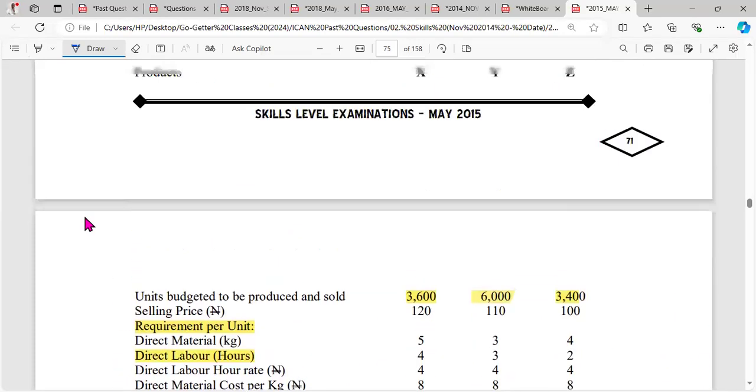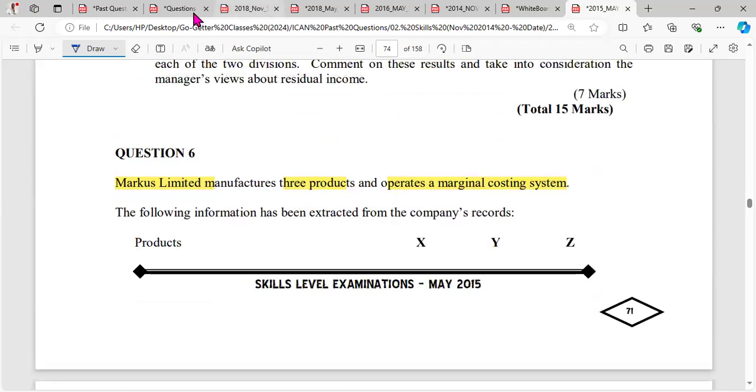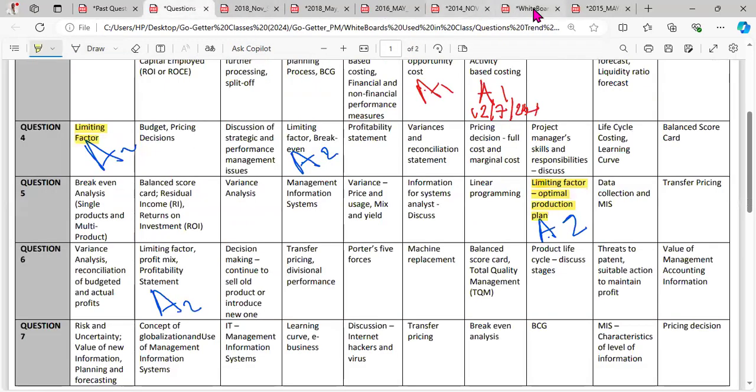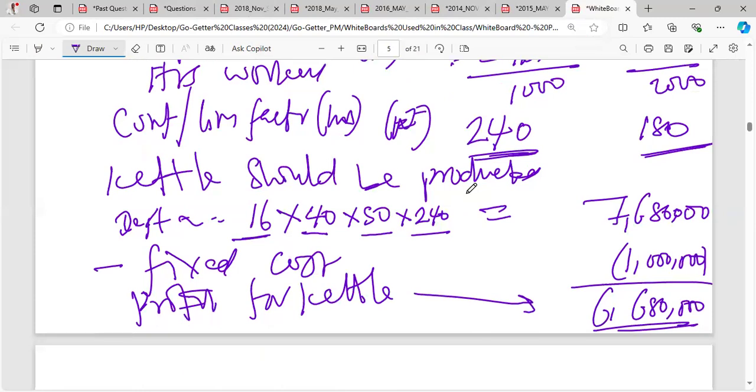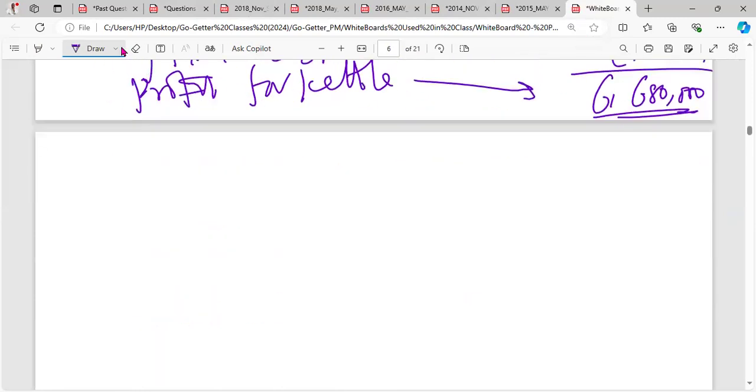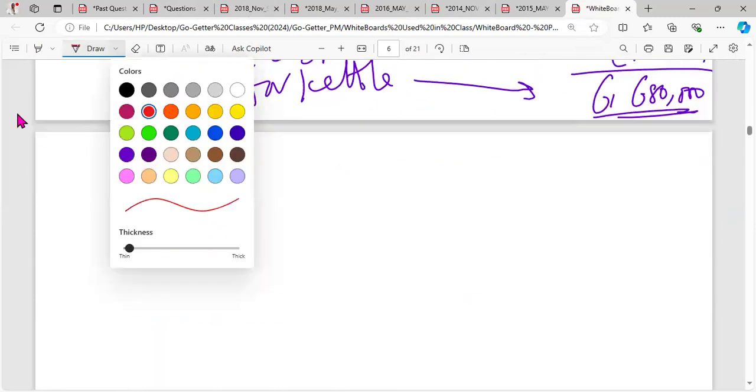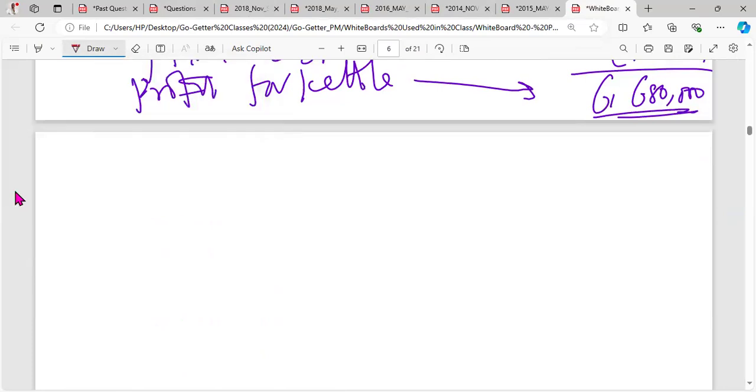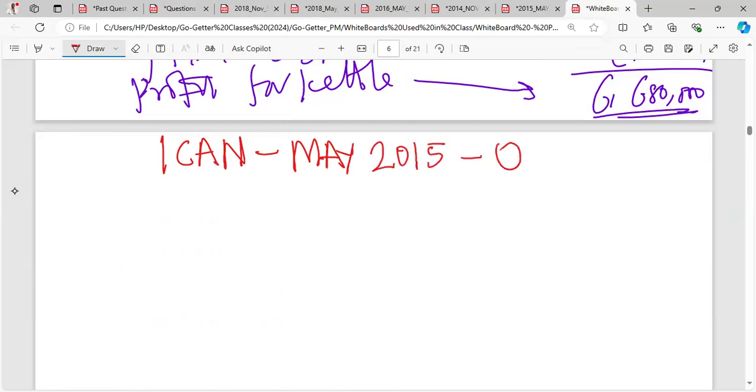So this is May 2015, question 6. So this we write again. ICAN, May 2015, question 6.